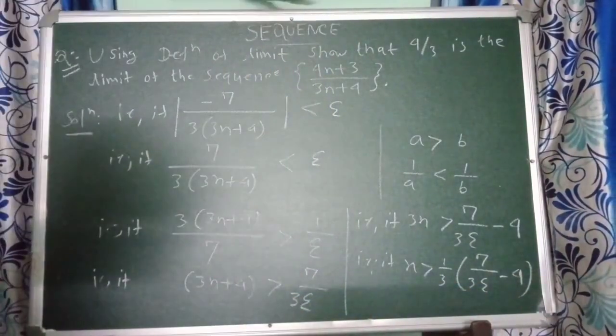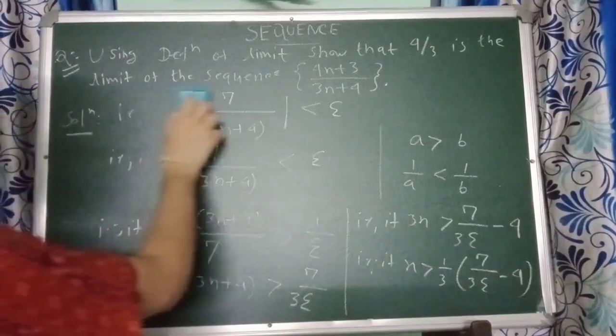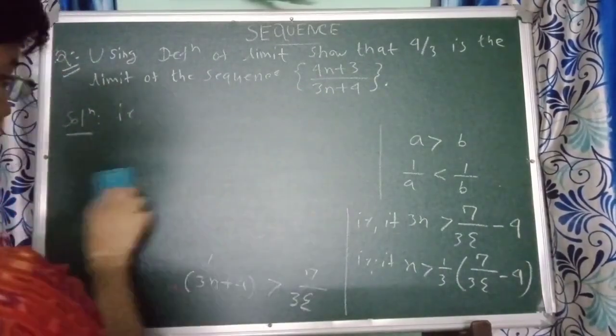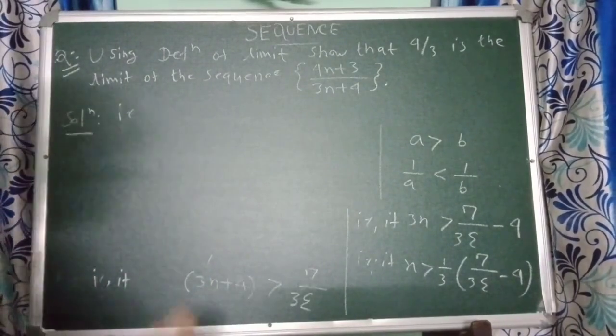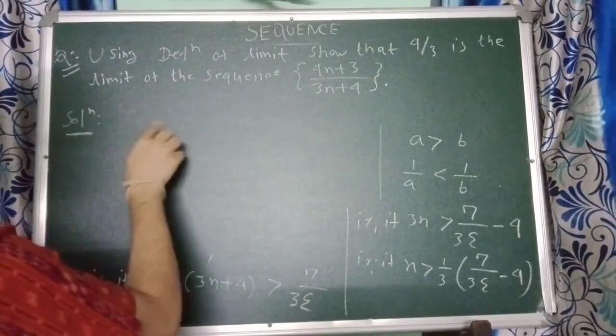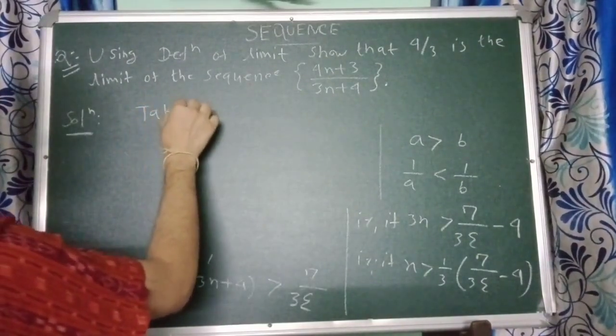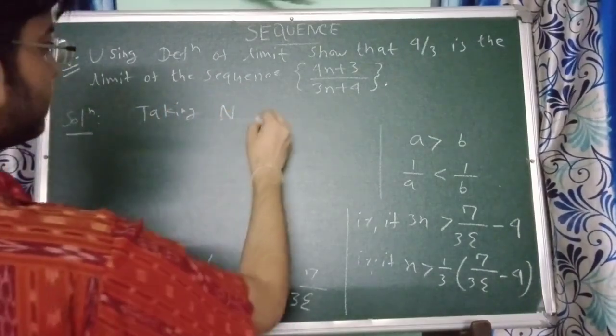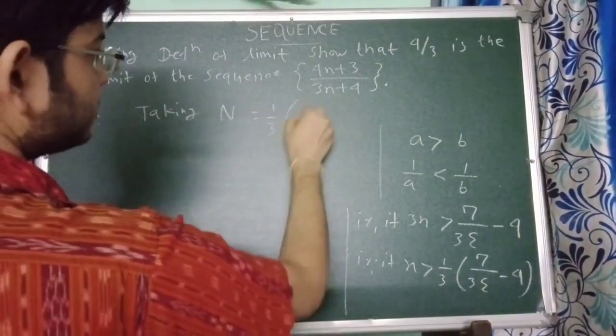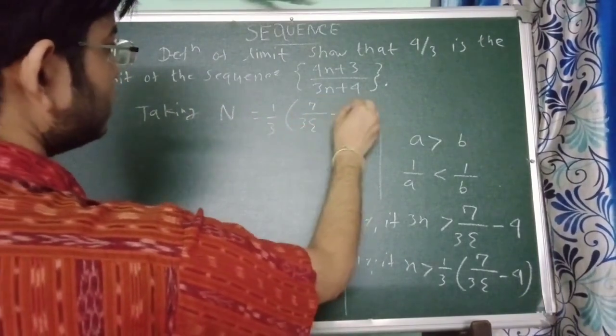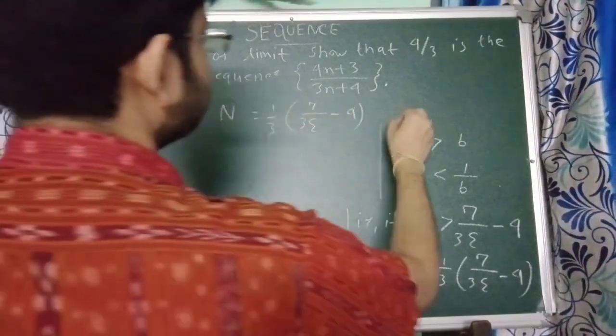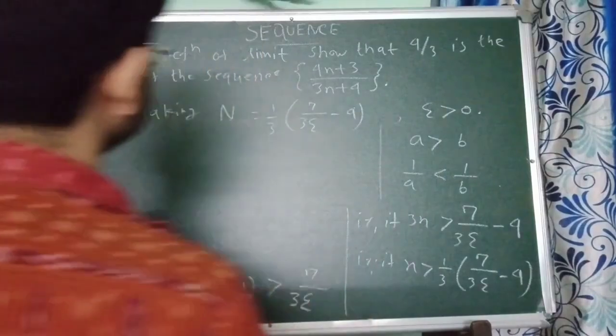Now taking capital N equals to 1/3 of 7 by 3 epsilon minus 4, where epsilon is greater than 0.